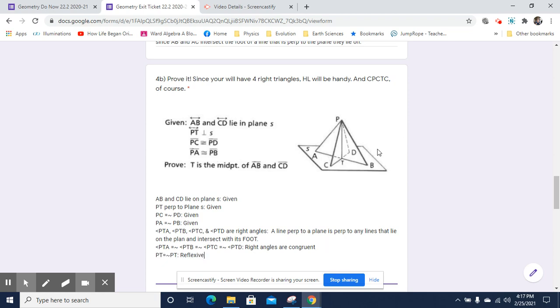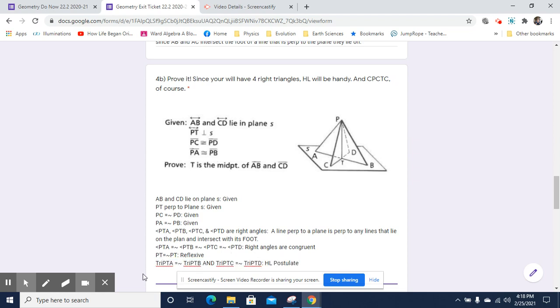And now PT is congruent to itself by reflexive. In this case, maybe I didn't need this. We just need that those are right angles because that defines PTA and PTB as right triangles and PTC and PTD as right triangles. So I may come back and revise that in a second.